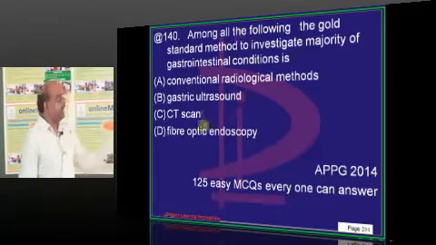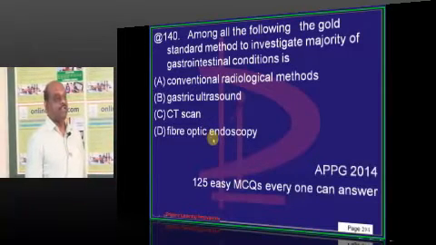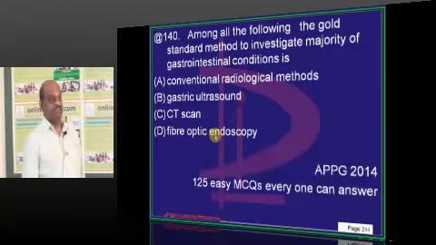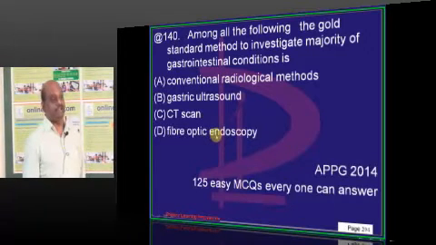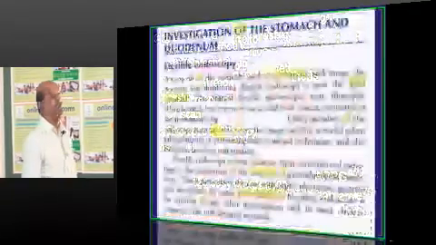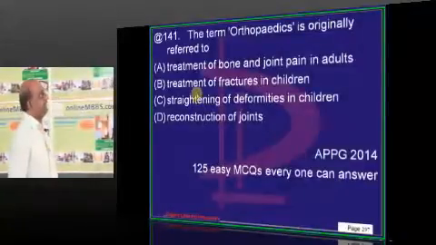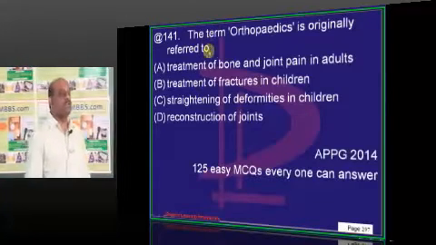CT you can't do on pregnant women. CT has got radiation. CT can't discover everything unless you have your own CT scan. There is no need to write CT scan for everything. Nowadays endoscopic ultrasound has also come. Such questions also happen.